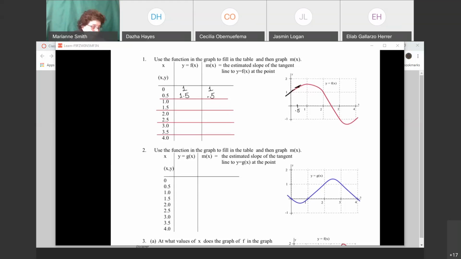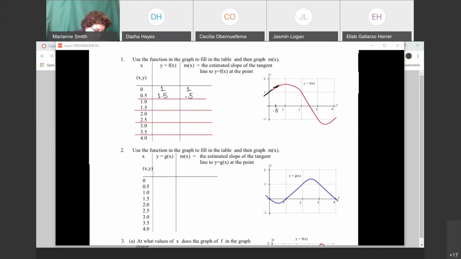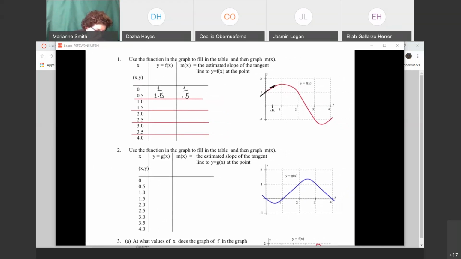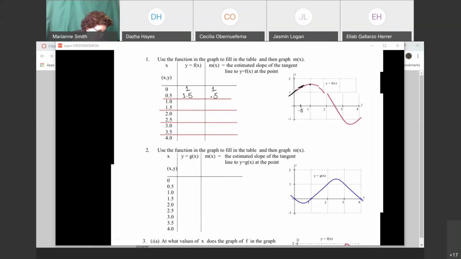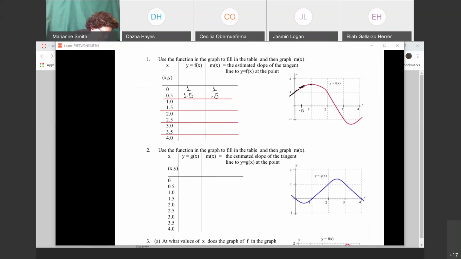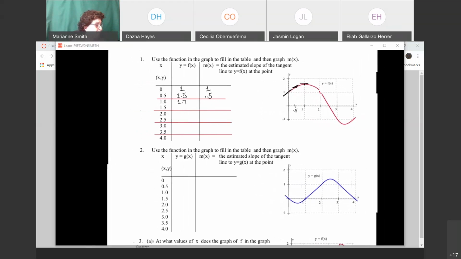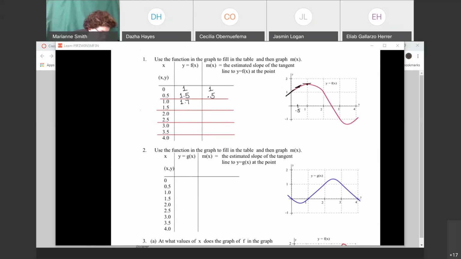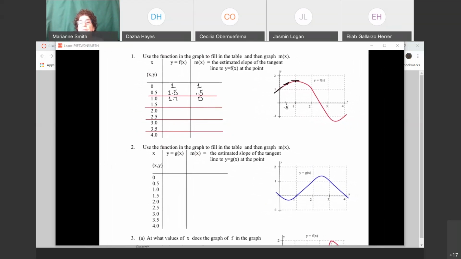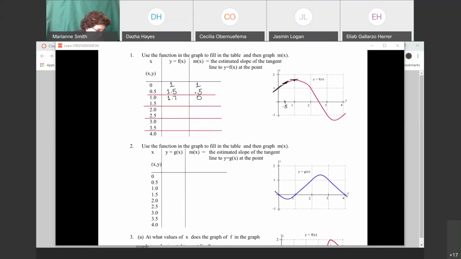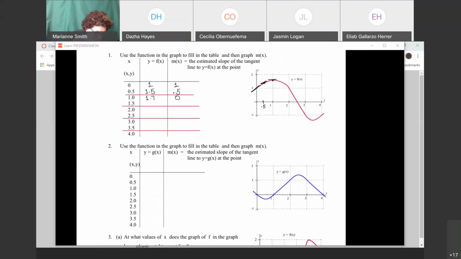Now let's take a look at the point x equals 1. My y value looks like it might be a little higher than 1.5. How about 1.7? And guess what? Right there, my tangent line has a slope of 0 because it's horizontal. Moving forward, here's 1.5. I'm guesstimating my y value.